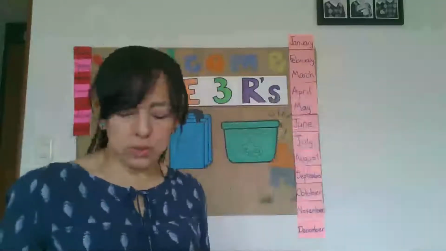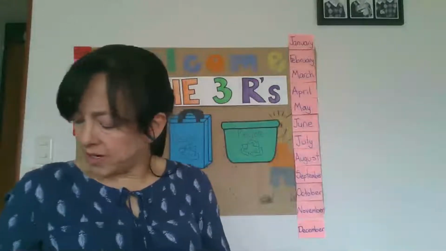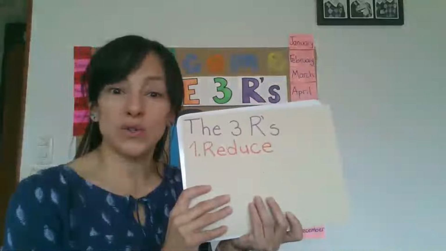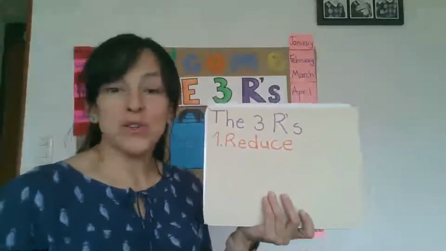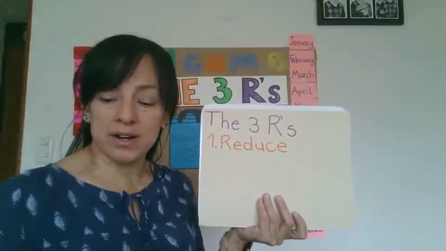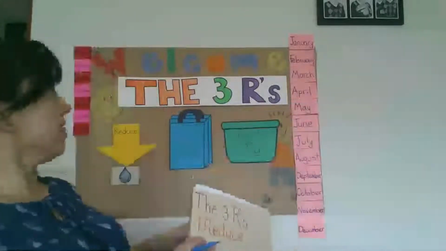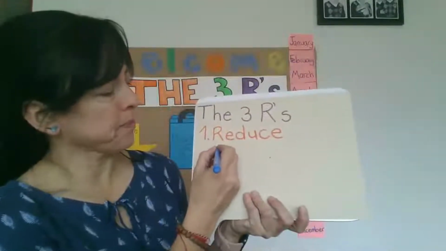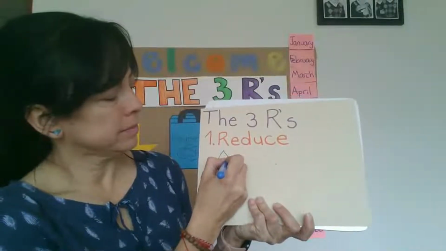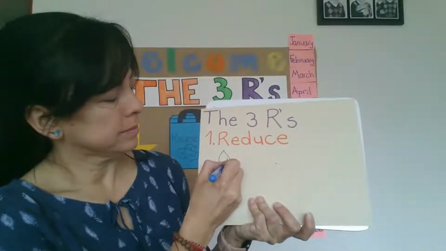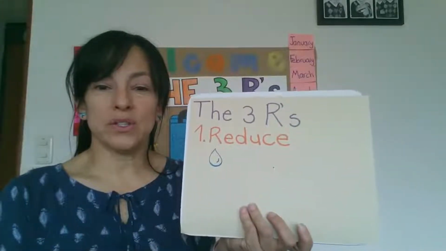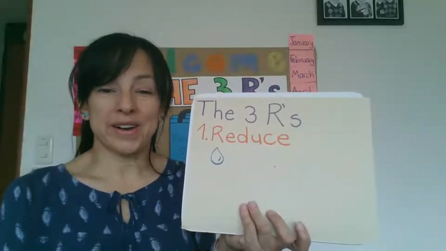So we are going to draw the first thing that we are going to reduce, the use of water. Reduce the use of water. So we are going to draw reduce water.